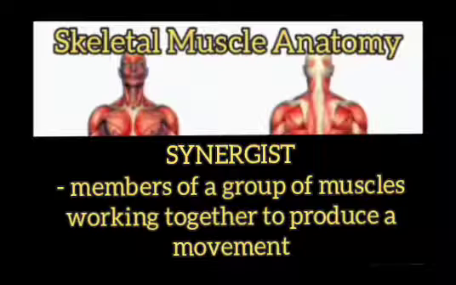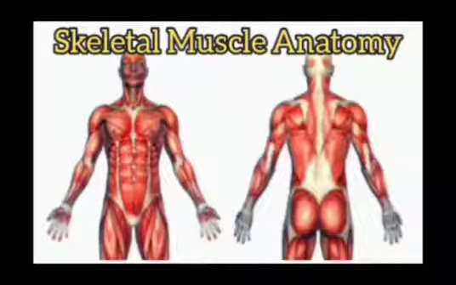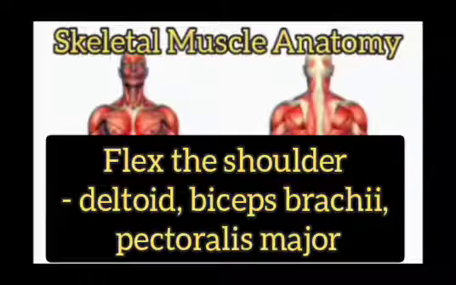One group of synergists includes the deltoid, biceps brachii, and the pectoralis major working together to flex the shoulder. So, they work together to flex the shoulder.